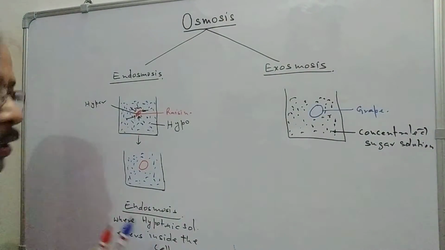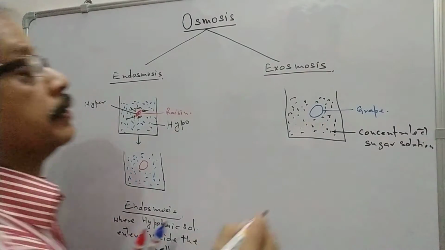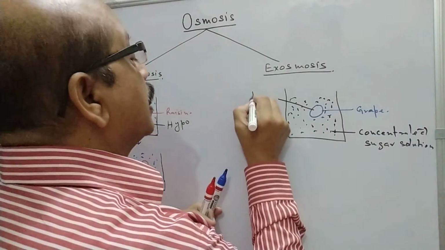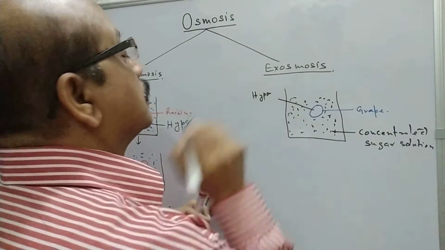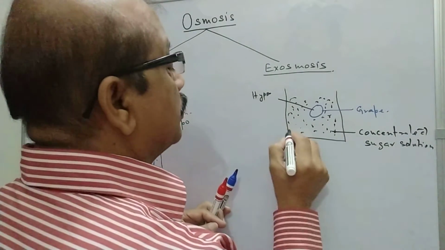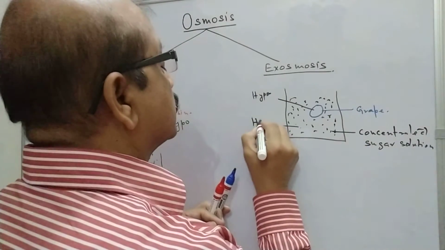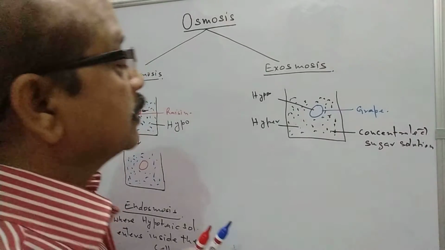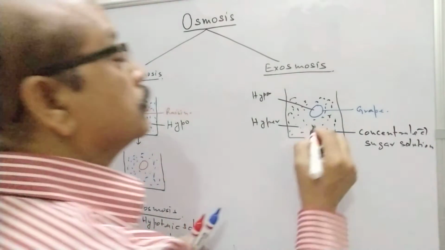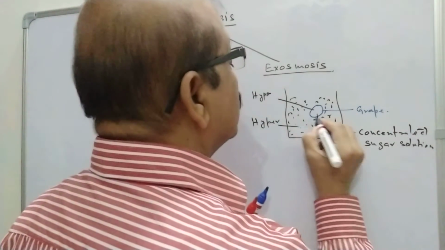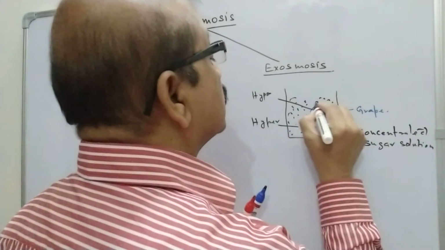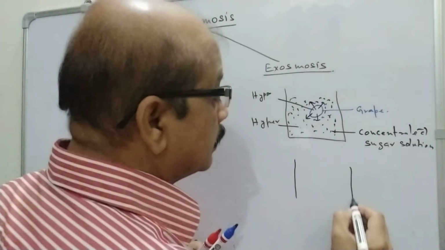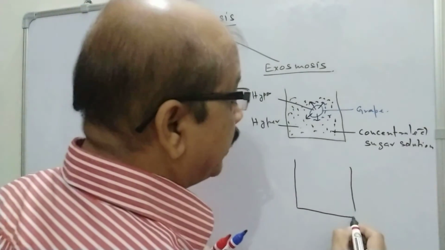Here the case becomes opposite. The liquid inside the grape becomes hypotonic and the sugar solution becomes hypertonic. So the osmosis takes place from hypo to hyper. So the water will come outside and the grape will become shrunken.